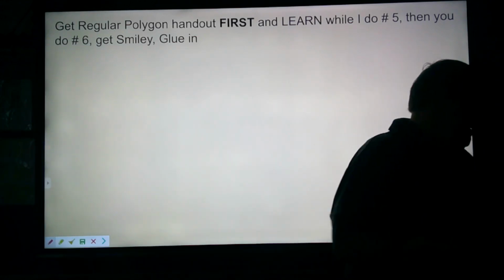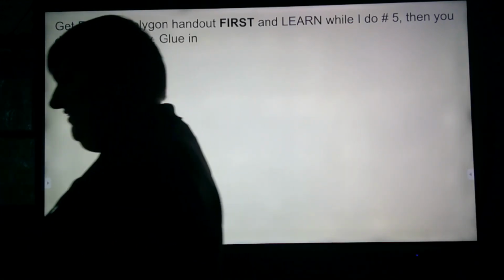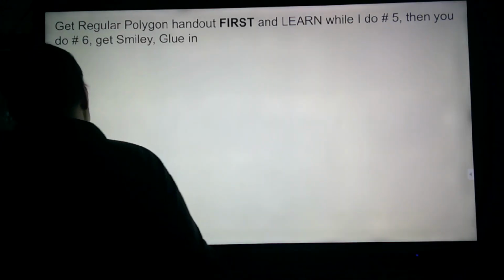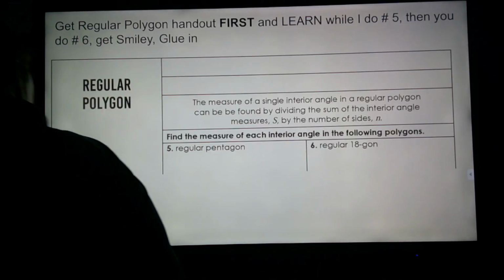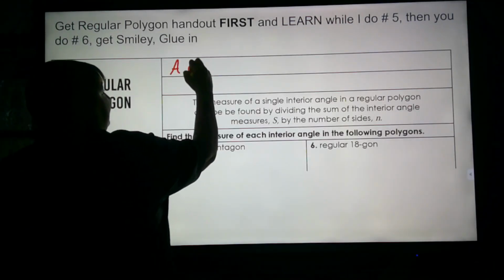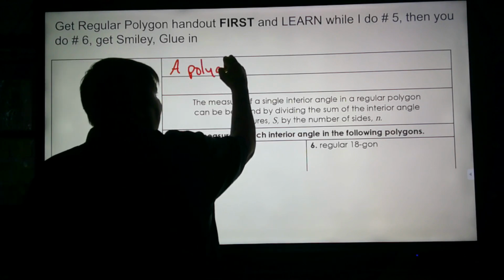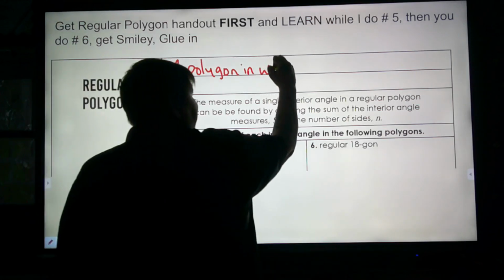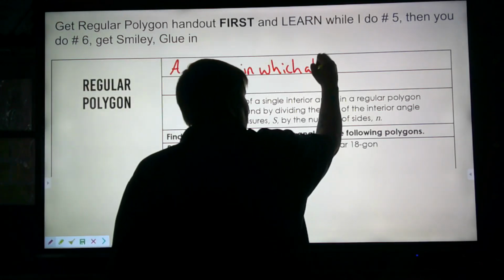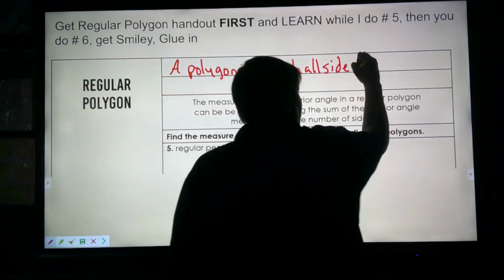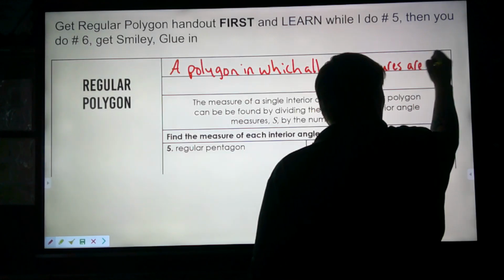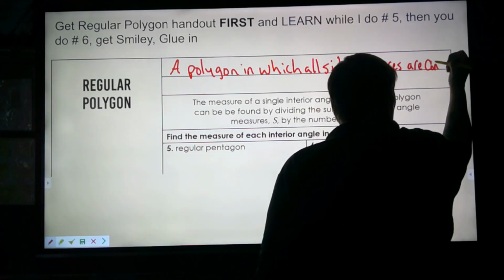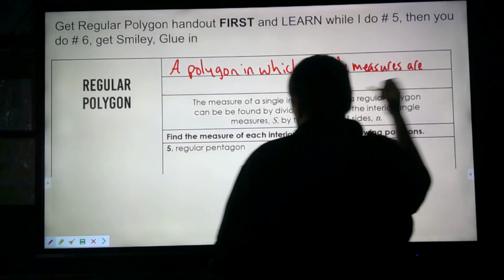All right? A regular polygon is a polygon in which all side measures are congruent or equal, right?